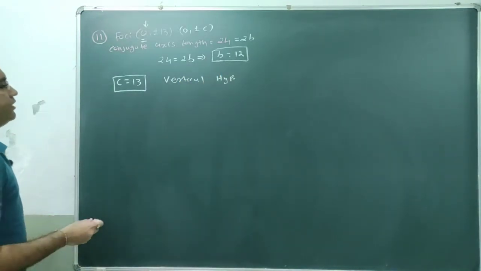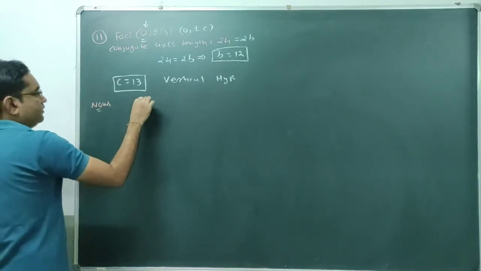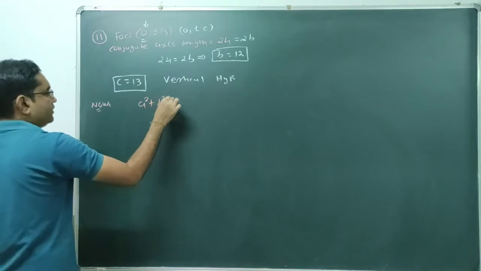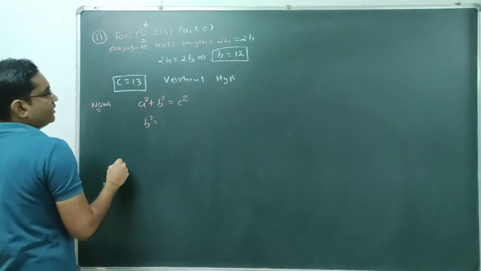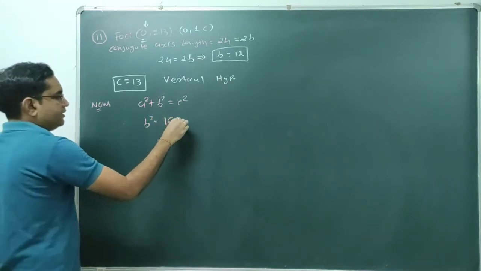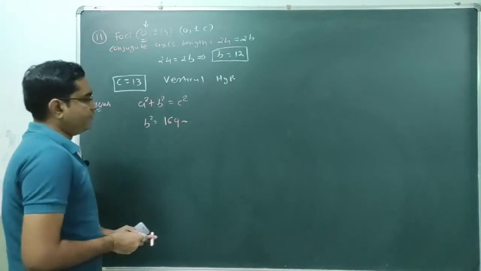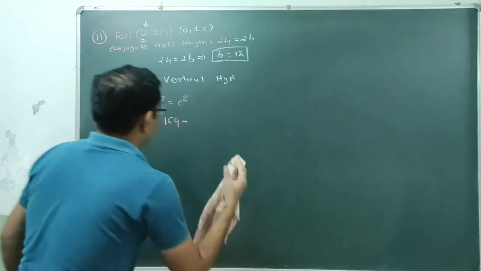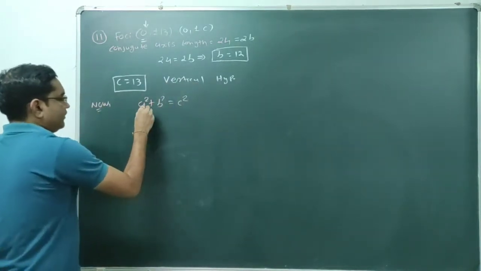Now we have to find the value of a. Same formula, the relationship between a, b, and c: a square plus b square equals c square. Conjugate axis length is given, so now we require the value of a.